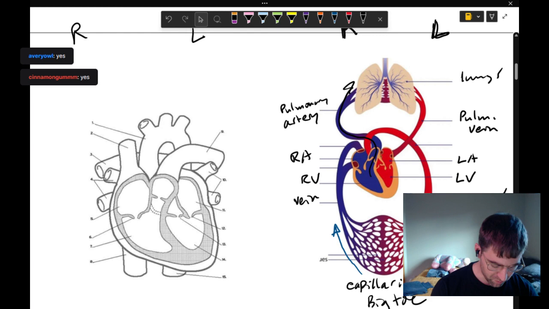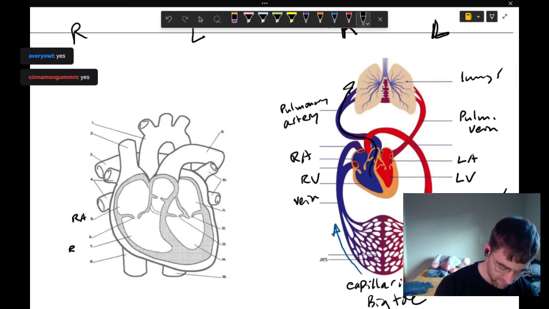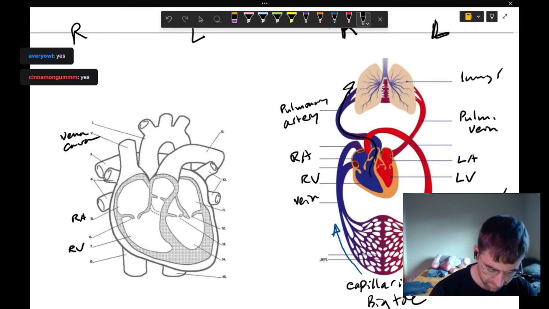Really quickly, it's worth it. Right atrium, right ventricle. We have, I'm going to do this properly. Vena cava. We have pulmonary artery.